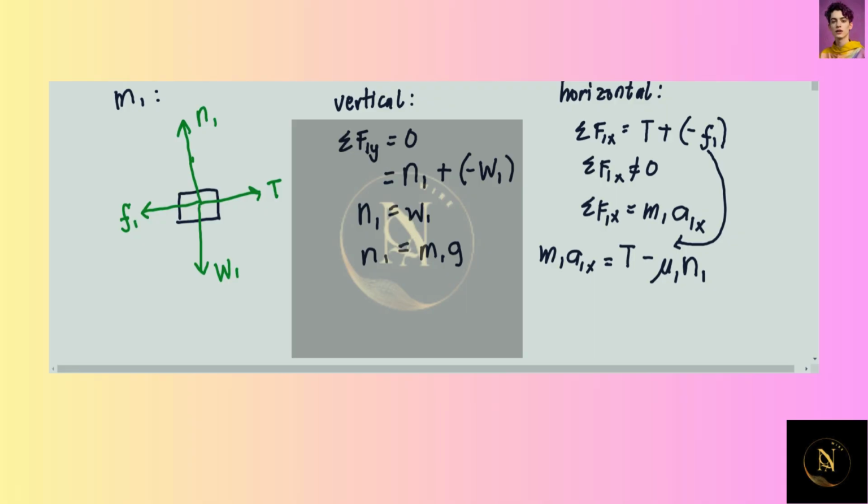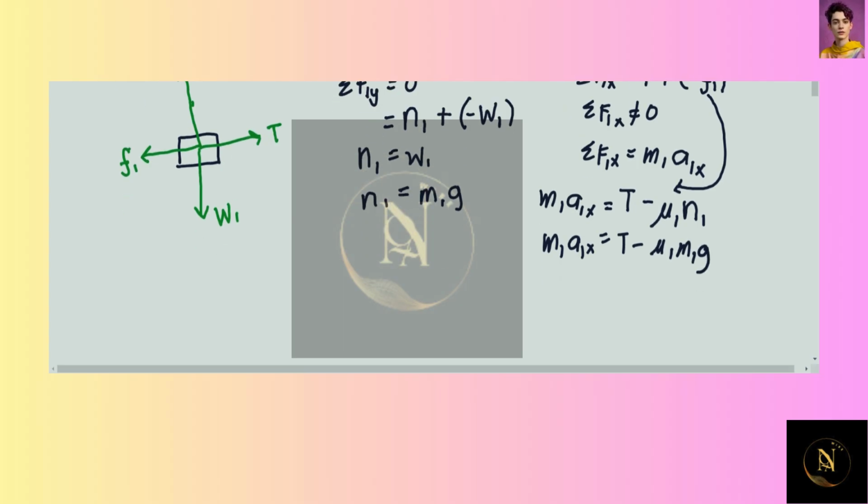Since we already know the value of the normal force, the equation becomes mu1 m1g. Isolating mu to the left side of the equation, since this is the value we are looking for, mu1 is equal to T minus m1 a1x over m1g.